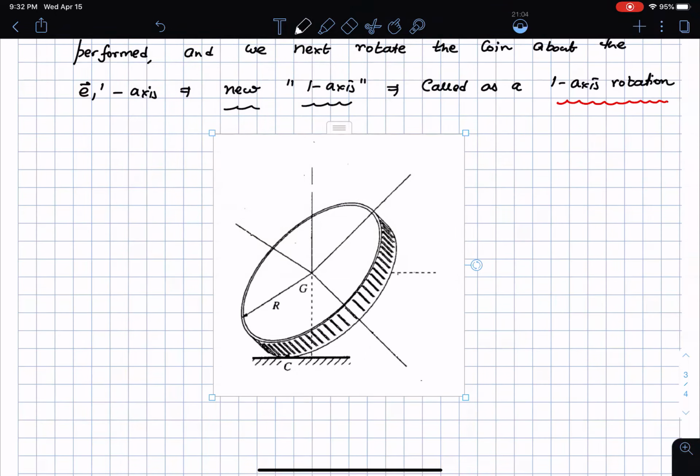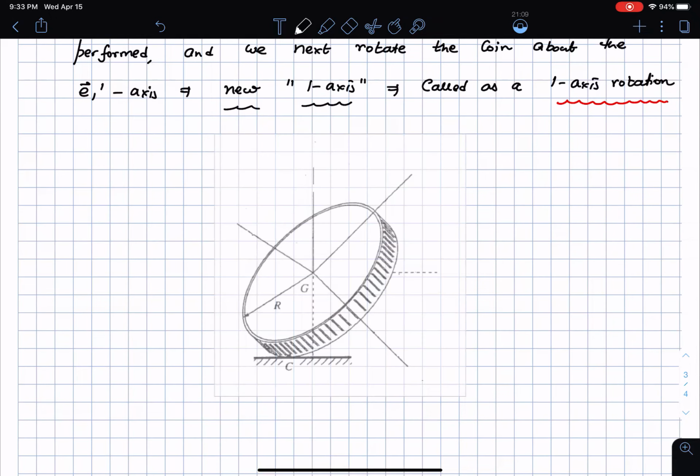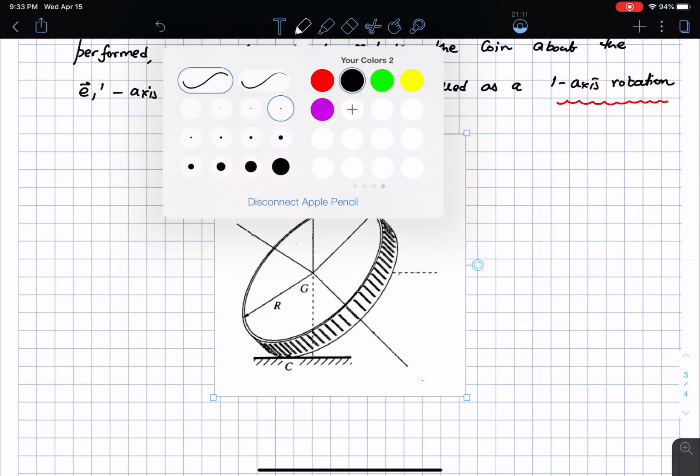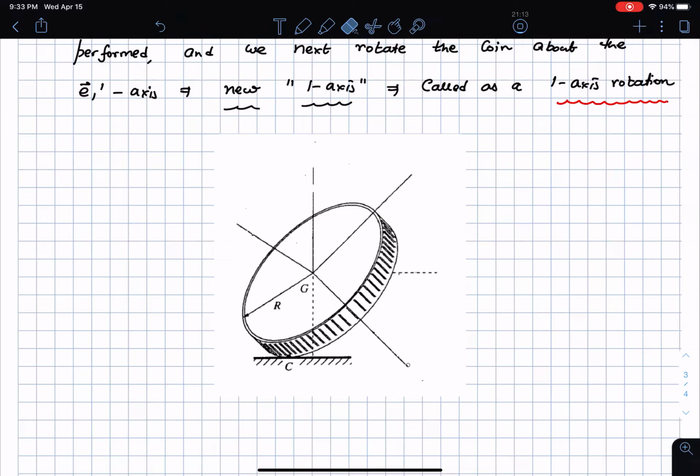So my original axes are the following. Once again, this is going to be E1 prime, and then this is going to be E2 prime, and then this is going to be E3 prime.